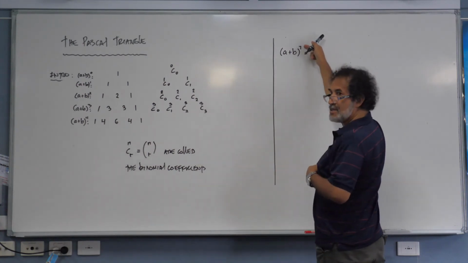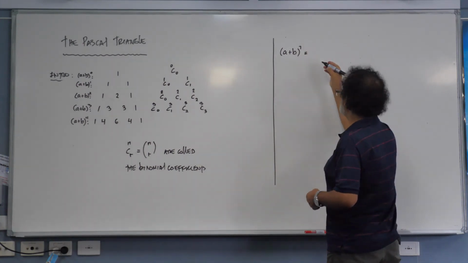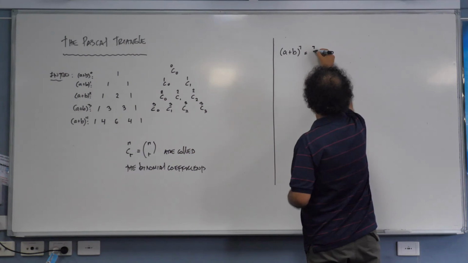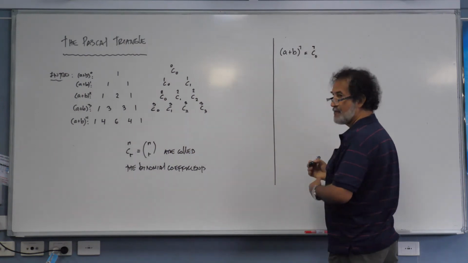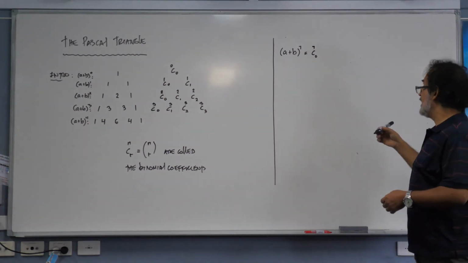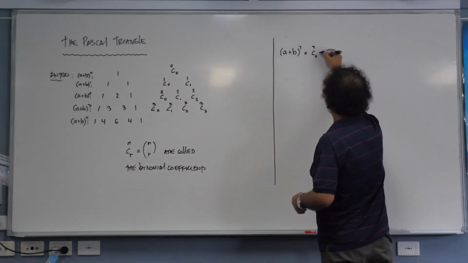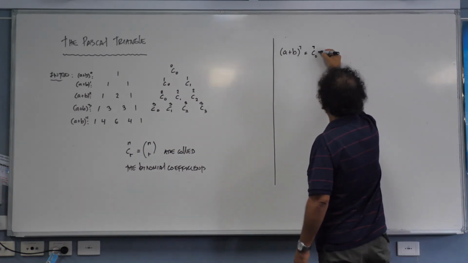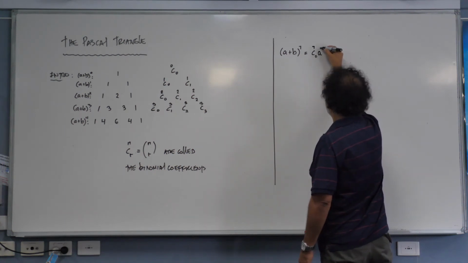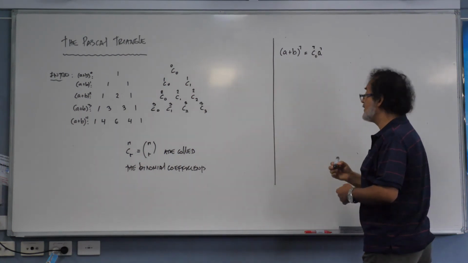Because it's 7, we need to do 7C0. So that's going to be the first one. And it's going to be, you tell me, a to the power of 7. All right?